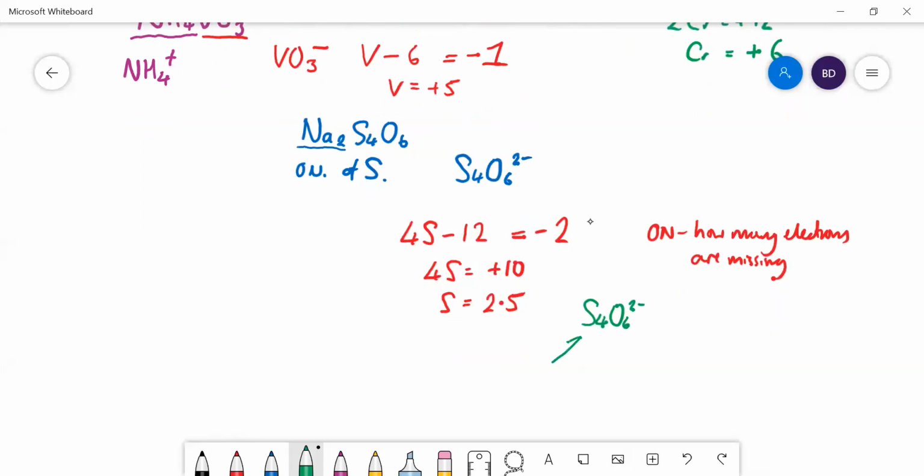What you've got is 2 of them with an oxidation number of +2, and 2 with an oxidation number of +3, so that's kind of an average value of the 2 of them. It's pretty rare you get fractional oxidation numbers, but you do sometimes, and it's always because those sulfurs are not in equivalent positions.